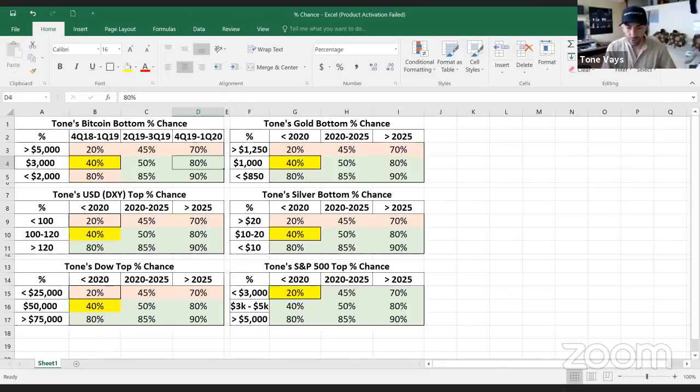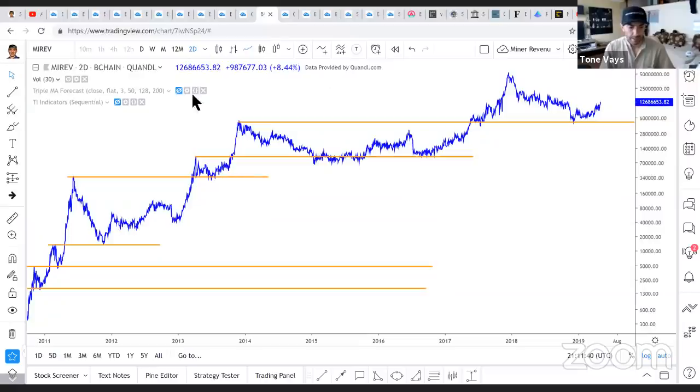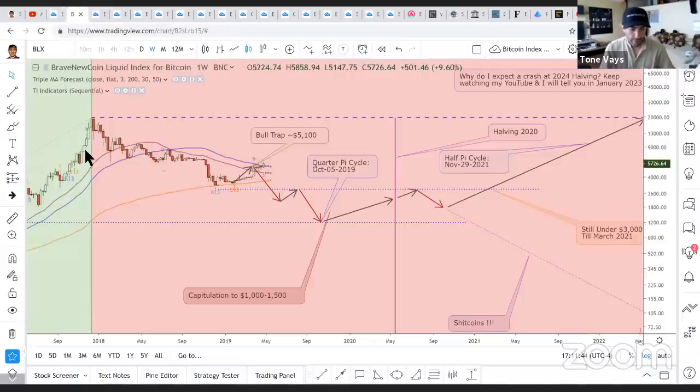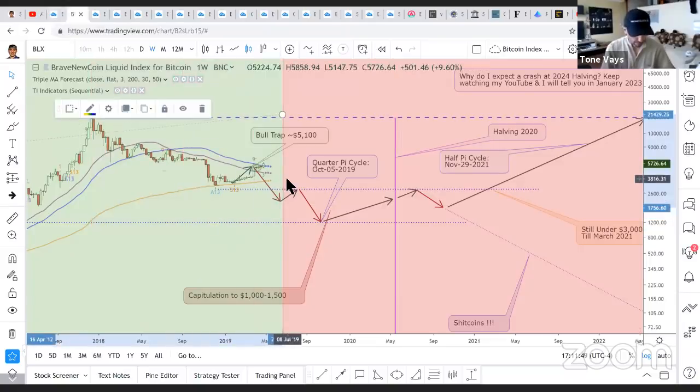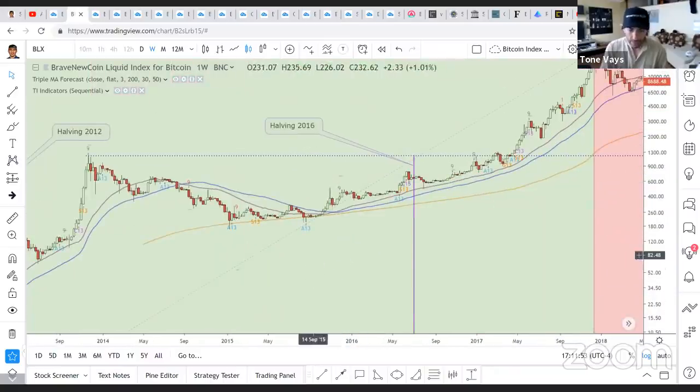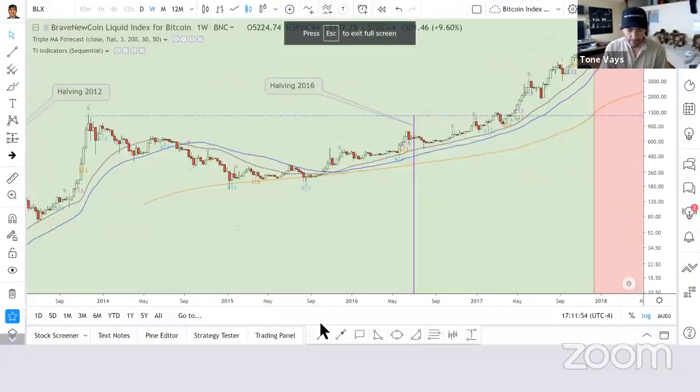We can also go back in history to the last bear market. You have to keep in mind the last bear market.